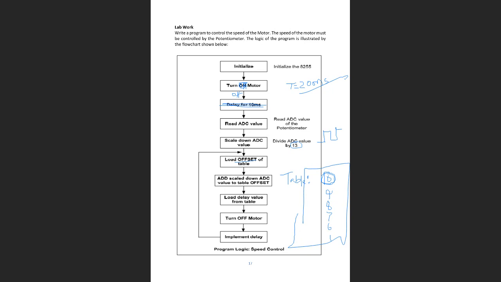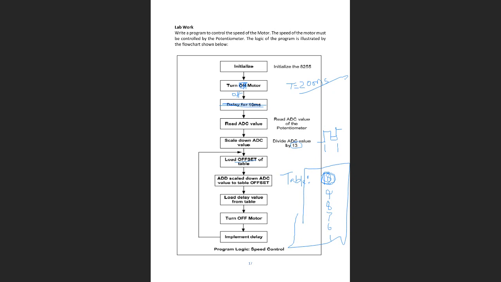So this is the off time. The total period is fixed at 20 millisecond. The maximum off time is 10 millisecond. So if the ADC value is the minimum, then we want 10 millisecond off time. So what will be the on time? 20 minus this 10, it will be 10 millisecond.